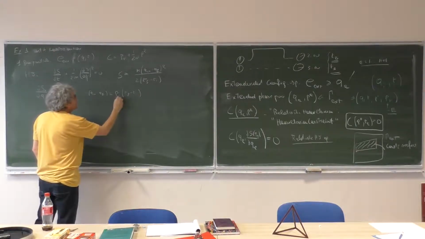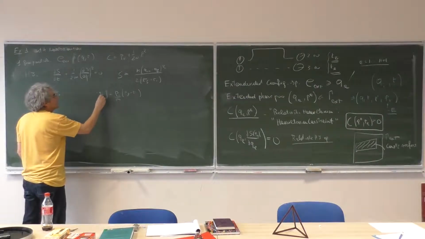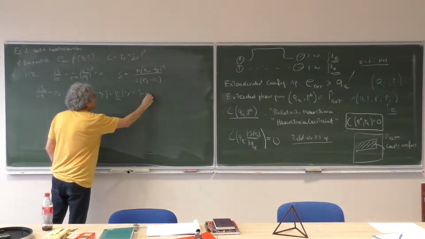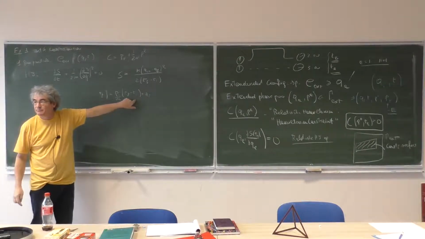You divide by m, and you have q final is this plus q initial. So the final position is the initial position plus the velocity times the time lapse.